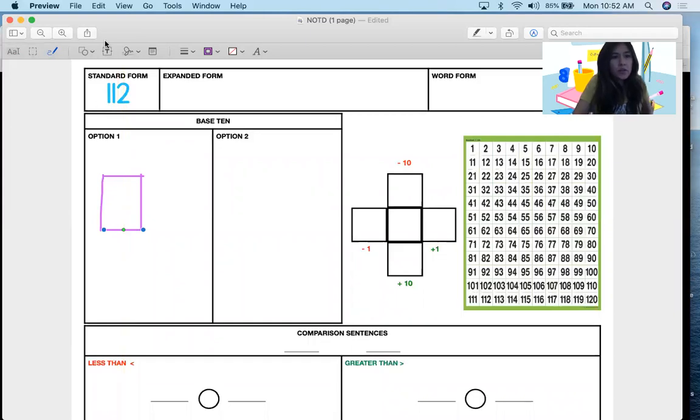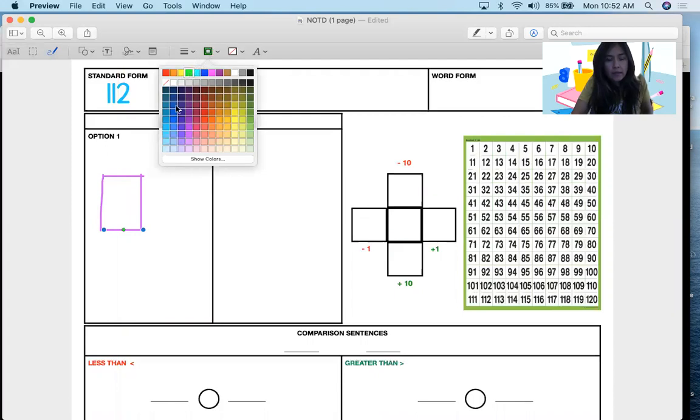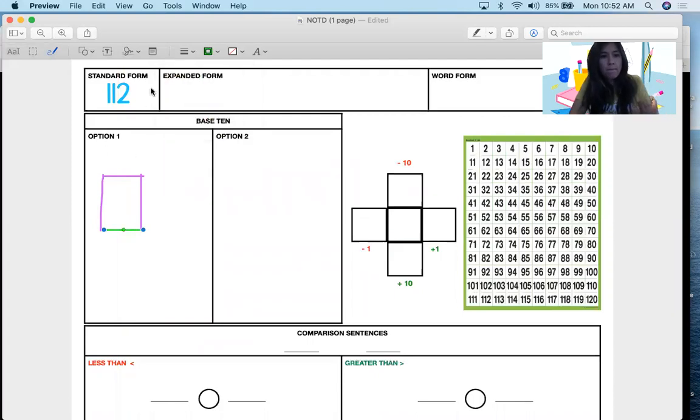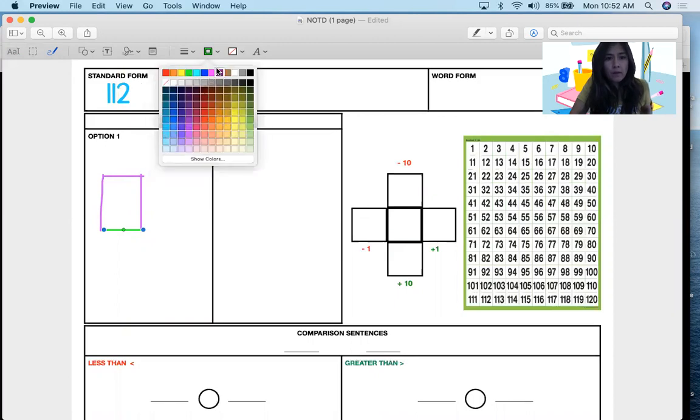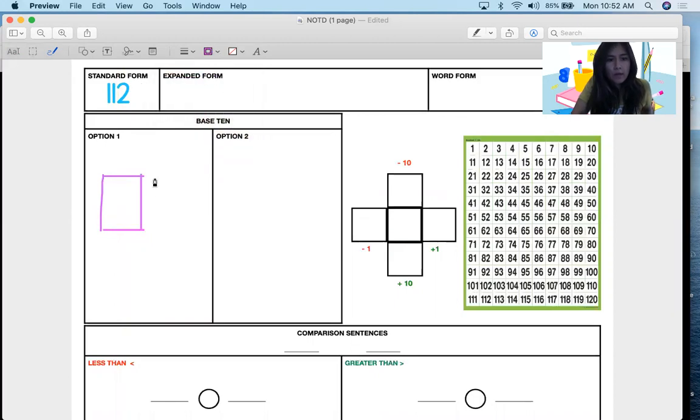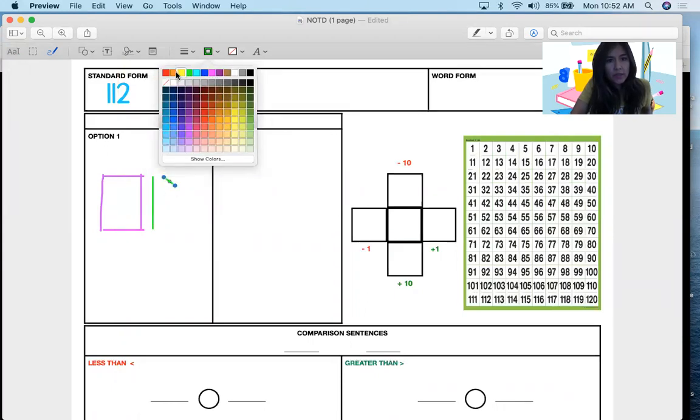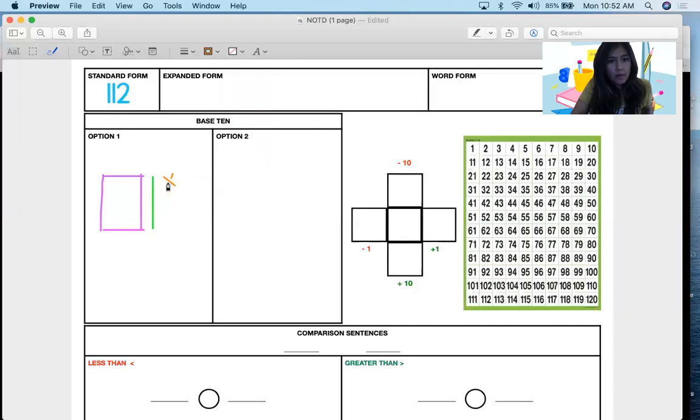So I have 100. And then I'm going to change color. Let's see, a green. Now, a 10. And now my 2 ones. So I'm going to change it to orange. 1 and 2.